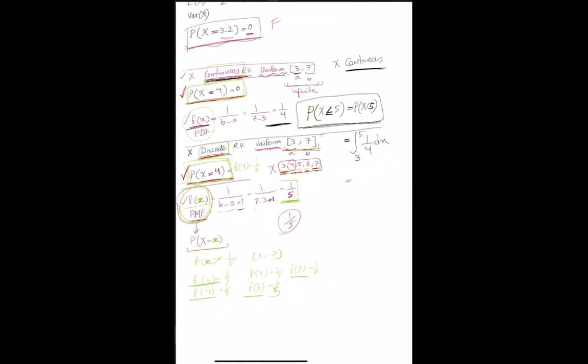So this is x over 4 from 3 to 5. The result is 0.5. If you do the calculations, the result is 0.5. Okay.